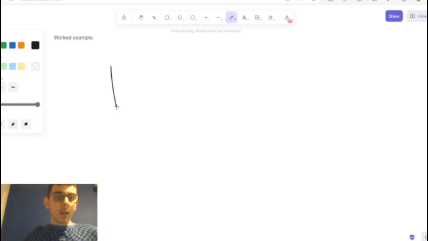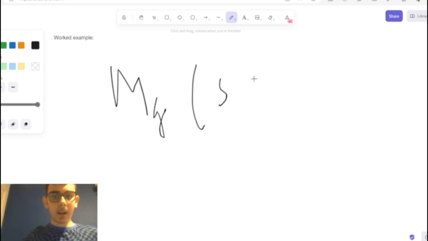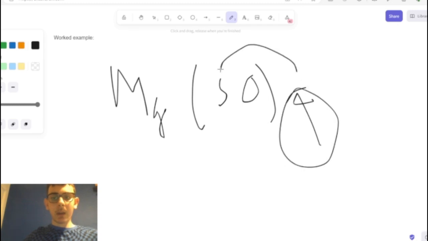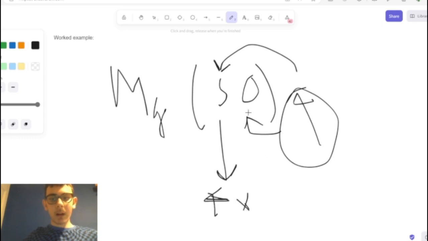So this is calcium hydroxide, and yeah, it's 1 atom of calcium, 2 atoms of oxygen, and 2 atoms of hydrogen. We had Mg, and then we had SO and a 4 outside. So this 4 here means we times everything inside the brackets by the 4. So here we have 4 times, and here we have the 4 times.